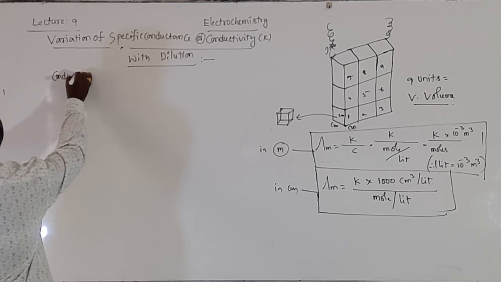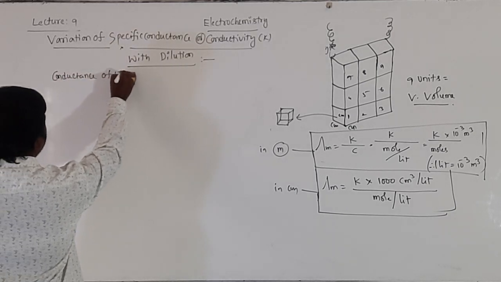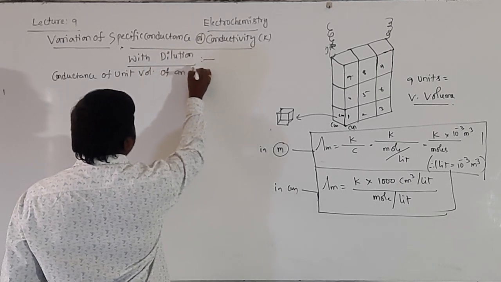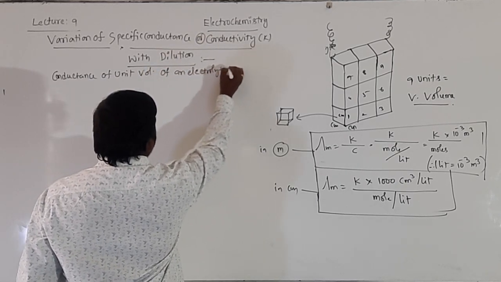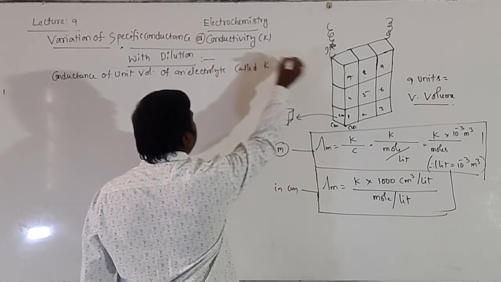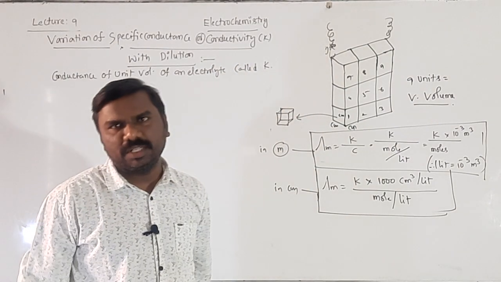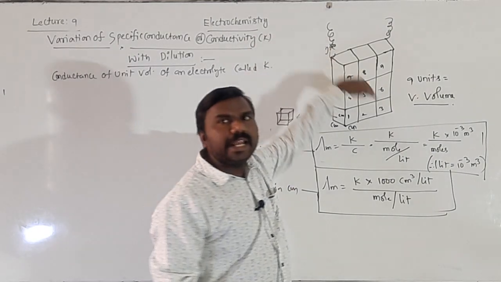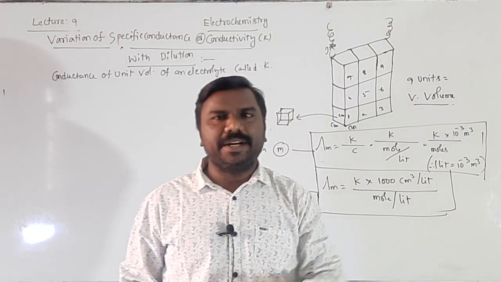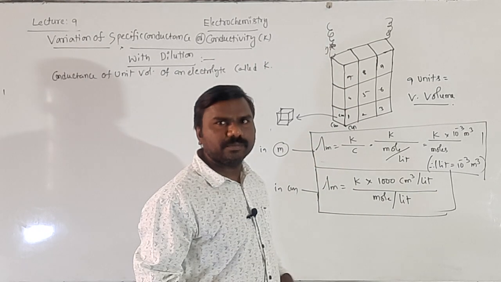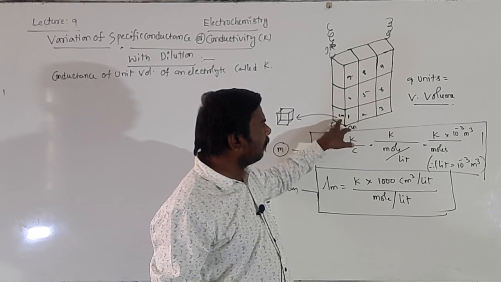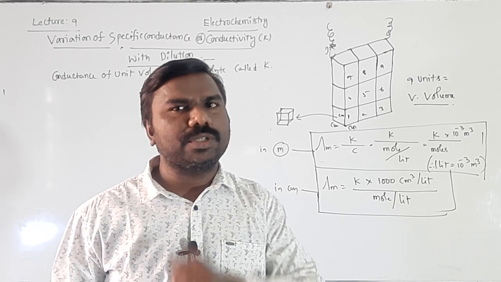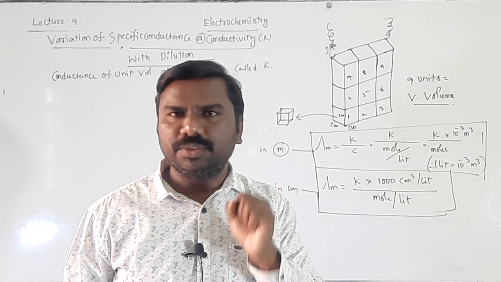Conductance of unit volume of an electrolyte is called specific conductance K. This is the formula, students. Unit volume. When I add water, dilution means water to be added. In the beginning, only the first unit contains a solution, no other unit has it.